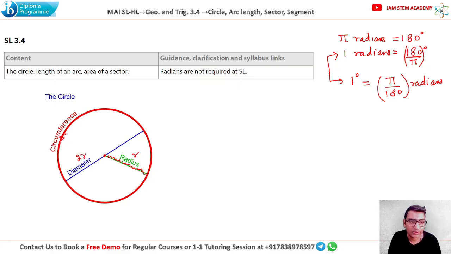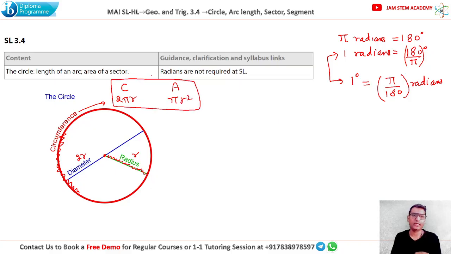The boundary is the circumference of the circle, which is 2 pi r, where r is the radius. And the area of the circle is given by pi r squared. We will use these terms to get the areas of sectors, segments and so on.